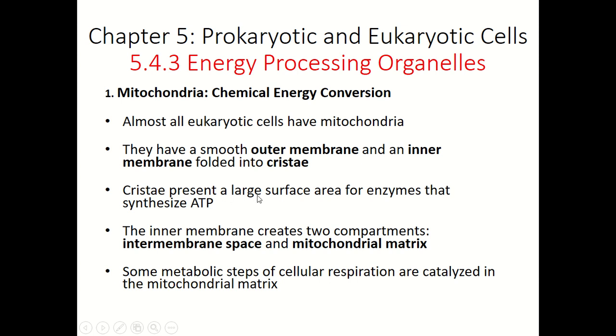Cristae present a large surface area for enzymes that synthesize ATP, meaning they contain ATP synthase protein to synthesize ATP. And the inner membrane will create two compartments: the intermembrane space, the space between the outer and inner membrane, and the mitochondrial matrix, the fluid that is enclosed by the inner membrane.